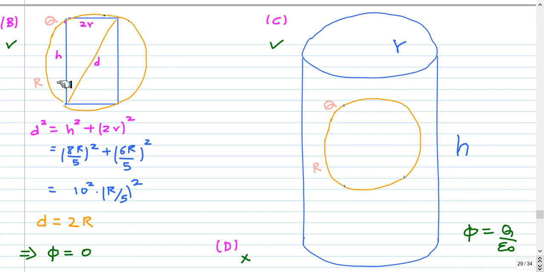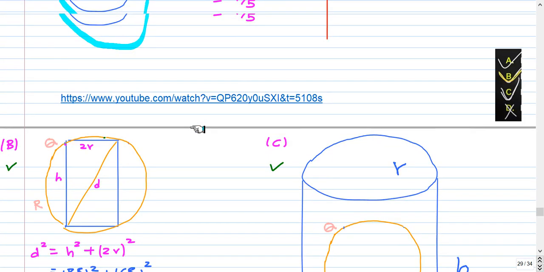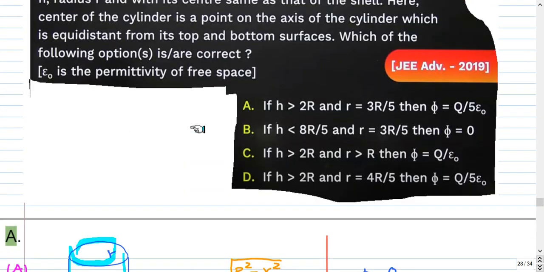When it happens, we get the length of the diagonal. So let's find this diagonal for this particular value of h and 2r. So d square is h square plus (2r) square. In option B, they have given h as less than 8r by 5.